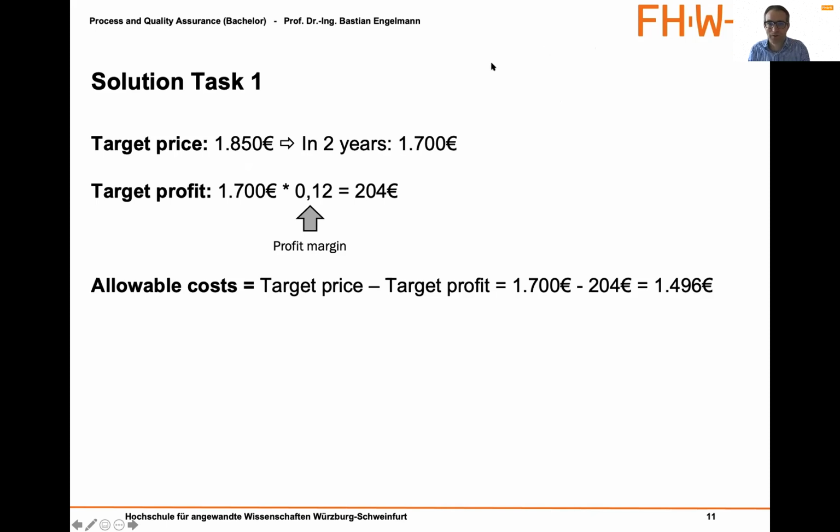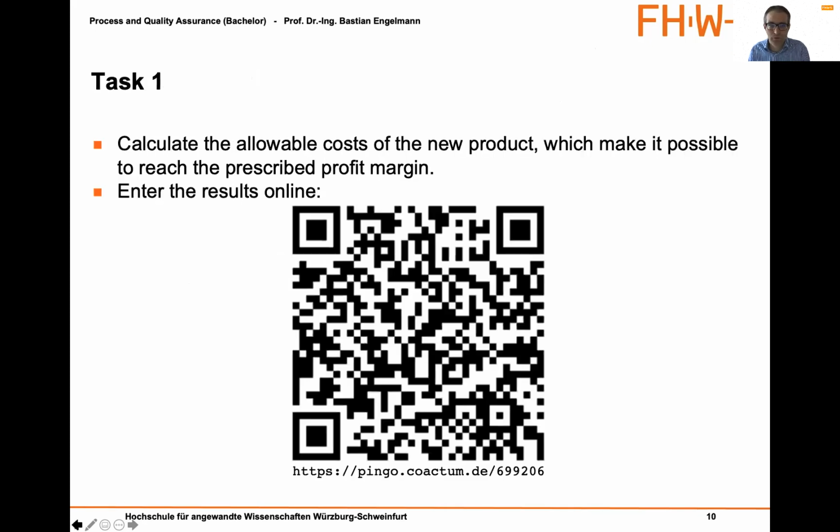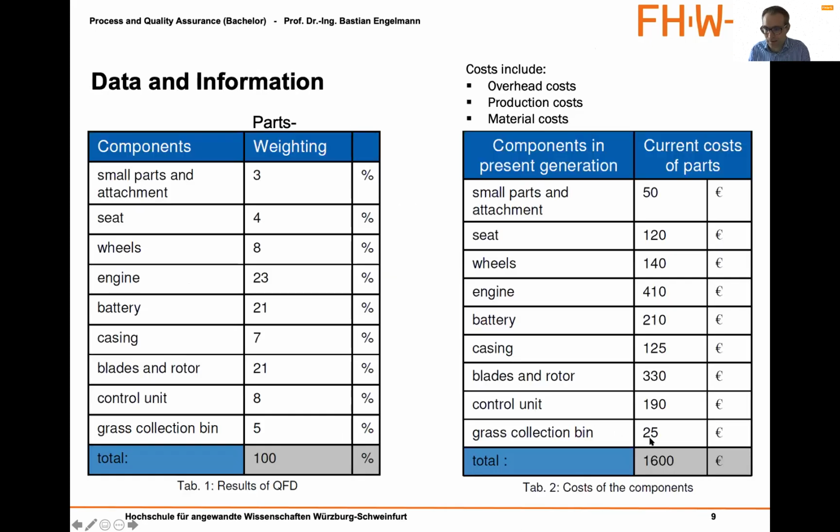Yes, thank you very much, 104. And so it means 104 euro we have to squeeze out of the components we have here. This is what we will do in the ongoing slides.